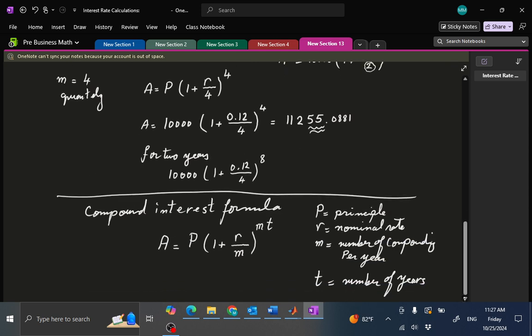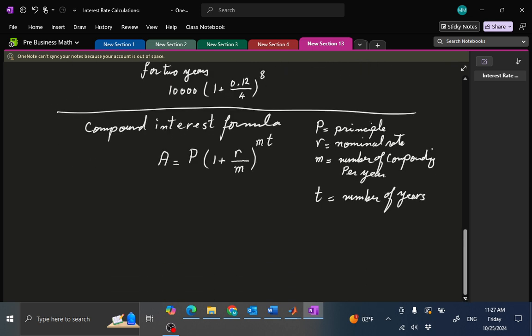And mathematically speaking, something very interesting happens here, which is at the root of our exponential function. If m is taken to its extreme value of infinity, our formula becomes a very nice, simple formula. It becomes P times exponential of RT.